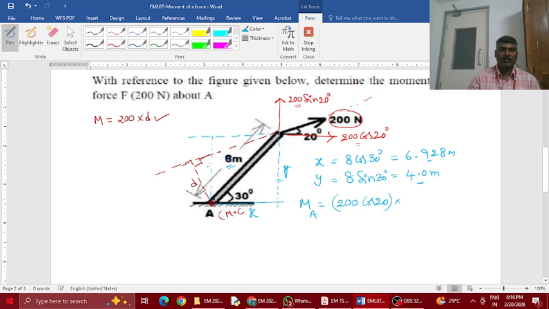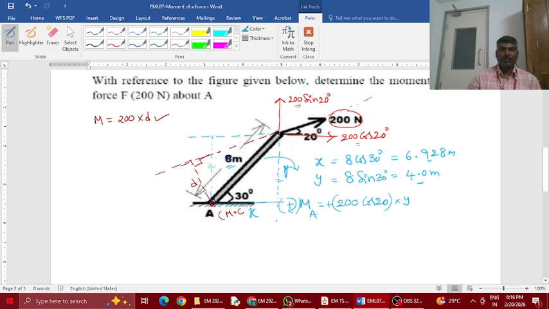Okay, these two are same. So into y. What is the direction? You see, this imaginary line is being rotated clockwise. Clockwise. Okay. So if you take clockwise as positive, this will become plus.